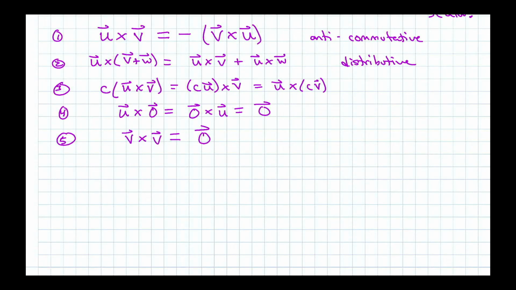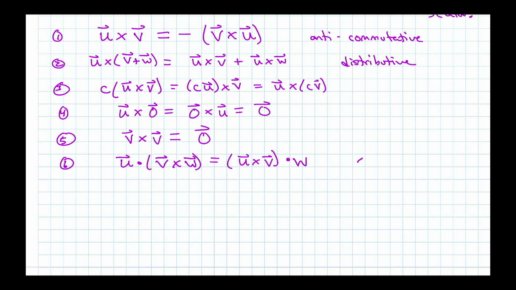And then the last one here. This one's kind of important. It has a name. We're going to use it later on, so maybe try to remember. We have that, which should also be equal to U cross V dot W. Those are going to calculate the same.